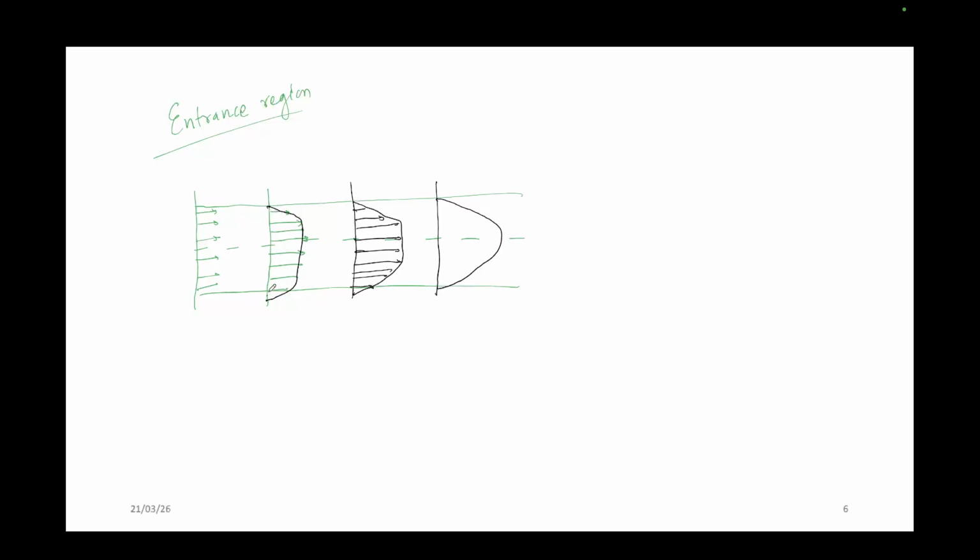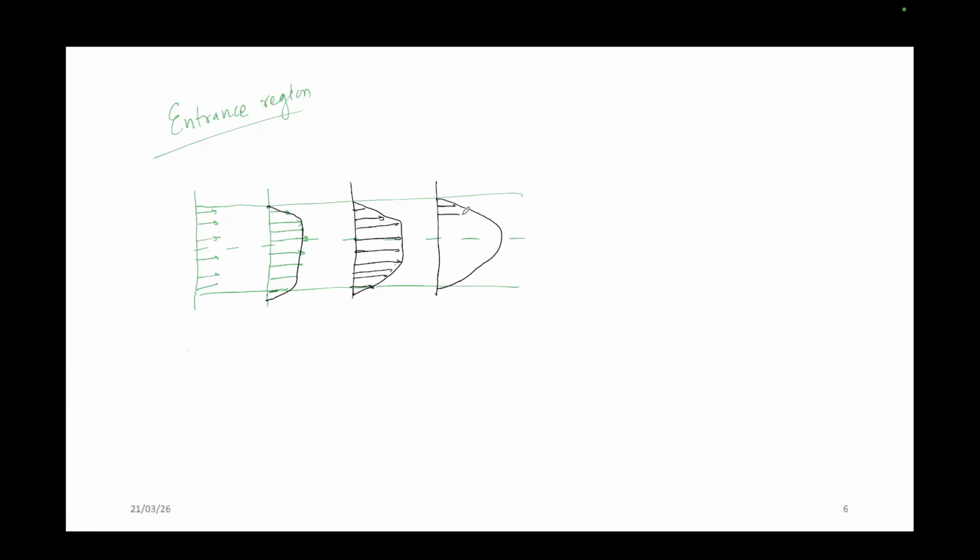It is initially zero at the wall. From zero it will suddenly increase to the maximum value. And after that, as you move further, this decrement continues up to a certain level.